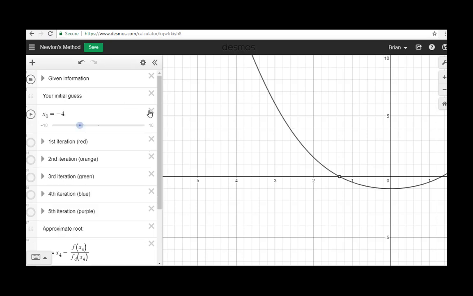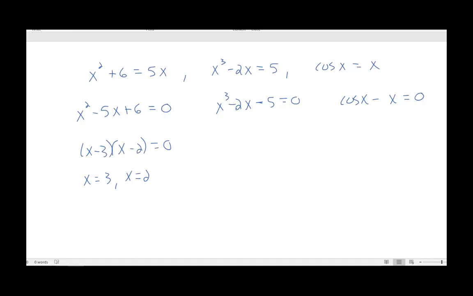Let me go ahead and turn this on, and then I'm going to close this folder because I don't really need it anymore. So here's the idea behind Newton's method, right? If I am solving an equation such as x cubed minus 2x minus 5 equals 0, I'm thinking of this as a function, f of x, and I'm finding where that is equal to 0. So I'm finding its x-intercepts, right?